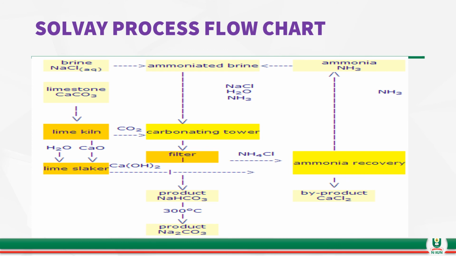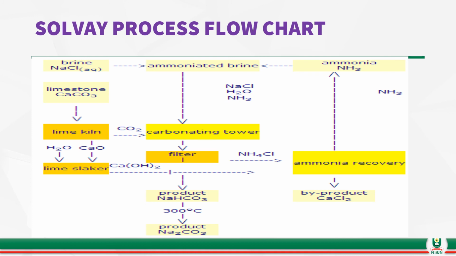Now, having formed sodium bicarbonate, remember it is sodium carbonate we want to get. So how do we get the sodium carbonate from the sodium bicarbonate? It is by heating sodium bicarbonate strongly at 300 degrees Celsius to yield sodium carbonate.